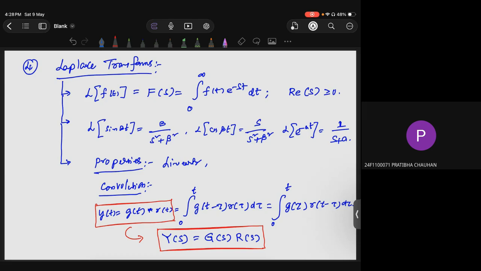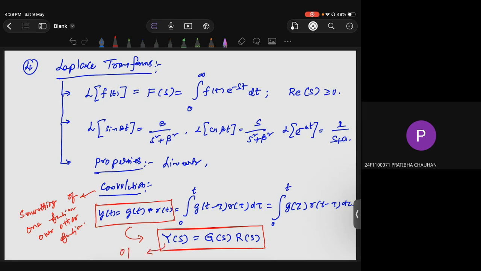Basically, what is convolution? Convolution is nothing but smoothing of one function over the other function.